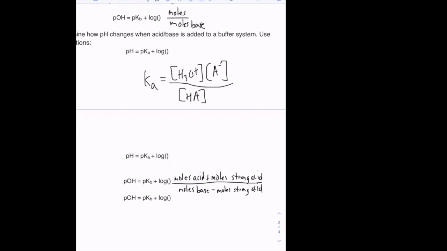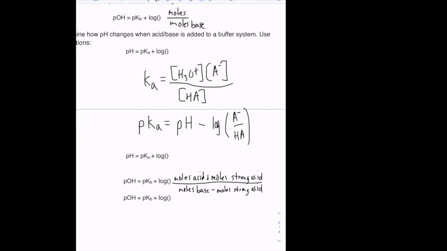All this equation does is, remember that pH is the negative log of the concentration of H3O plus. So if you take the negative log of everything here, you end up getting that negative log of Ka is equal to pKa, which equals the negative log of H3O plus, or pH, minus the log of A minus over HA.